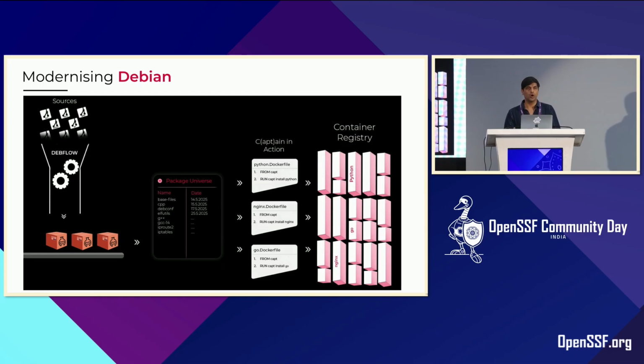We need to modernize Debian or create a Debian-based distro that can give you minimal container images with the comforts of a distro. So what do we need to do for that? The first thing we need is something called a portable and drop-in replacement for the package management itself.